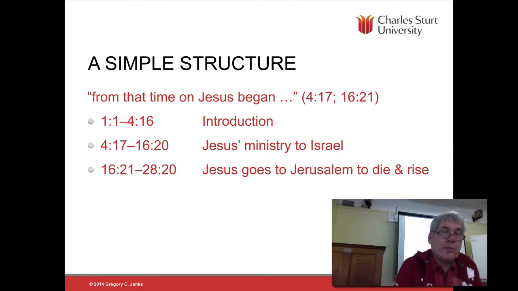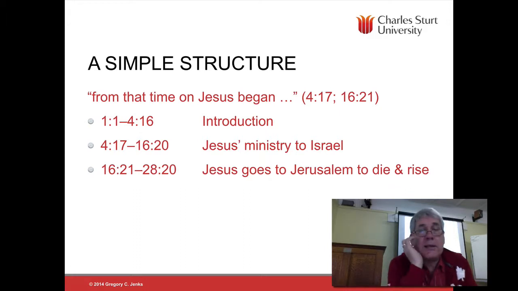So one very simple structure, and a number of people have suggested this and pointed it out as an option, is to simply pick up the 2 transitional formulas, 4:17 and 16:21, where it says, from that time Jesus began to do such and such.